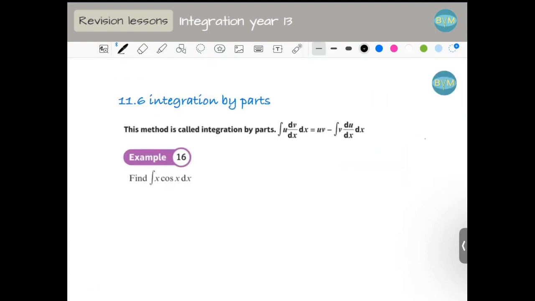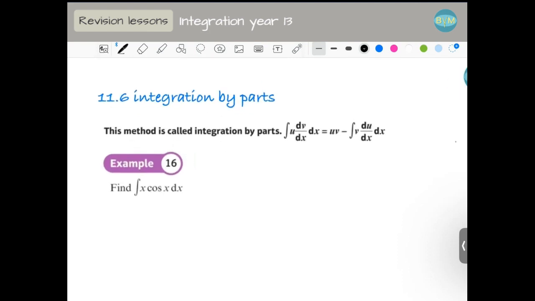Okay. More. Integration by parts. Integration by parts is quite simple. You have a formula. It's in the formula booklets. What you are doing is the integral of u dv is uv minus the integral of v du. So what you're going to choose is, in your integral, something as u, and then you're going to differentiate it to have du, and something as v, and you're going to integrate it to have v.